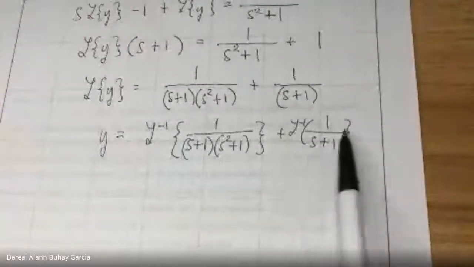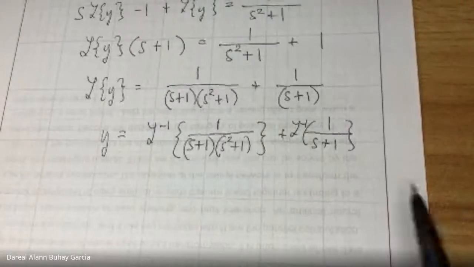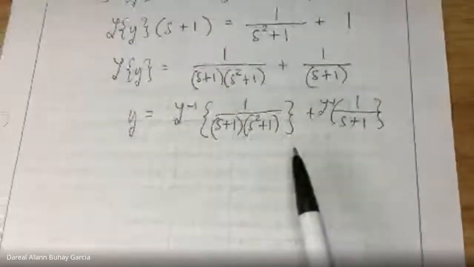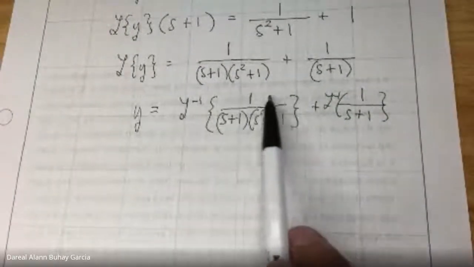The inverse of this one is just an exponential where a is negative 1. For the other, we don't have a direct inverse Laplace transform.